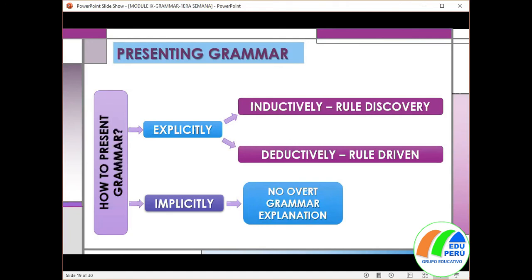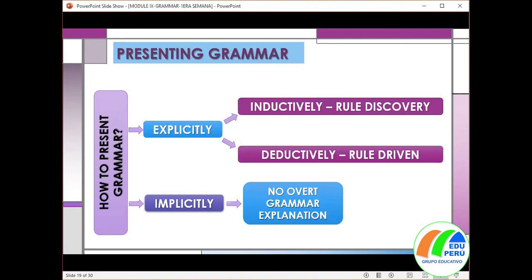Remember, overt means direct, not open in some cases, but here, according to the context, it is direct. There is no direct explanation of grammar structures. So there are two ways. As I told you before, we mostly use the first, the explicit way because it's easier. The second one, not so much.